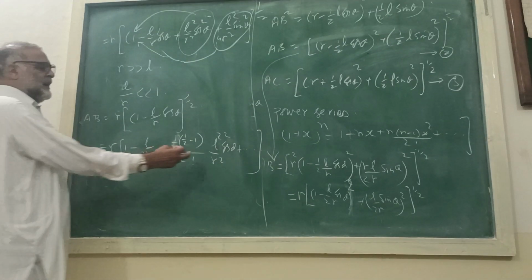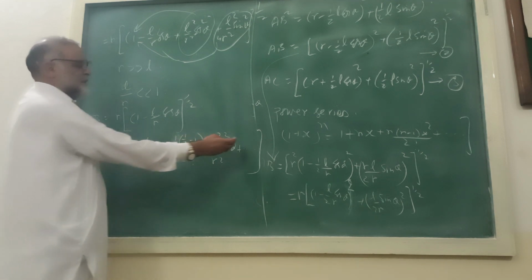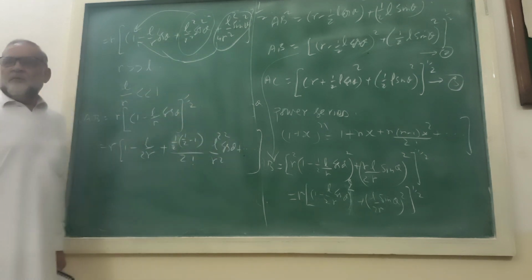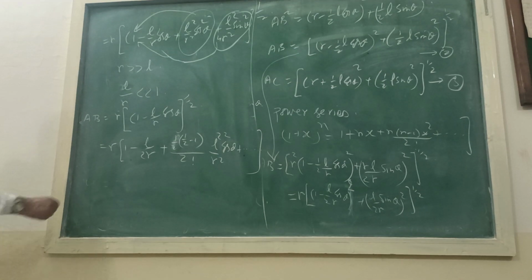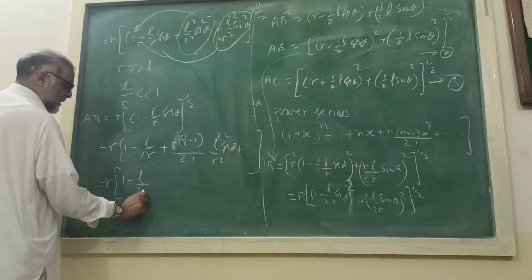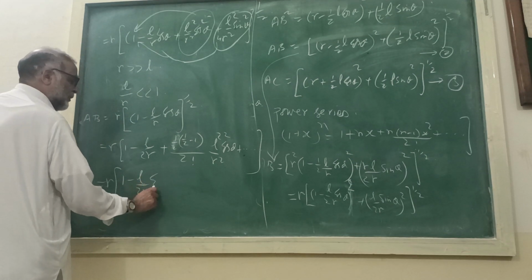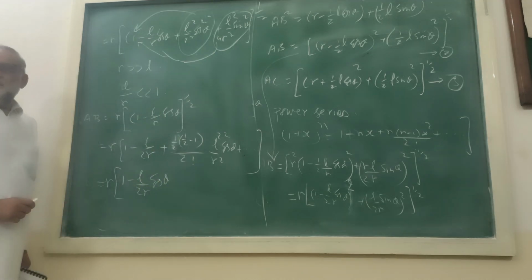So L square by R square again is very small as compared with 1, and the higher powers are even smaller. So we can write this as R times 1 minus L by 2R cosine of theta.